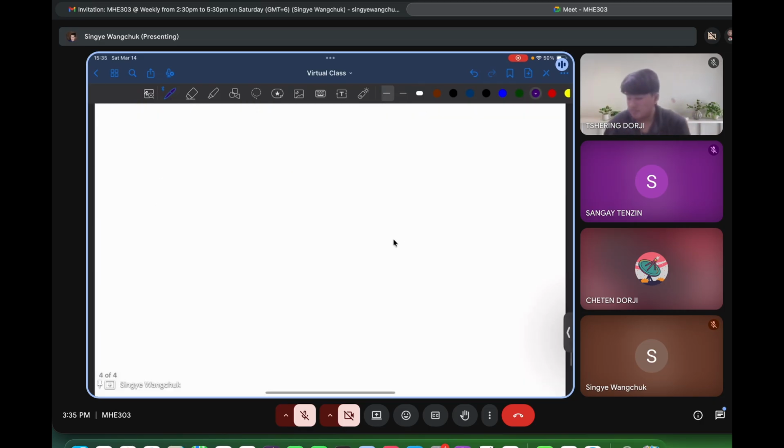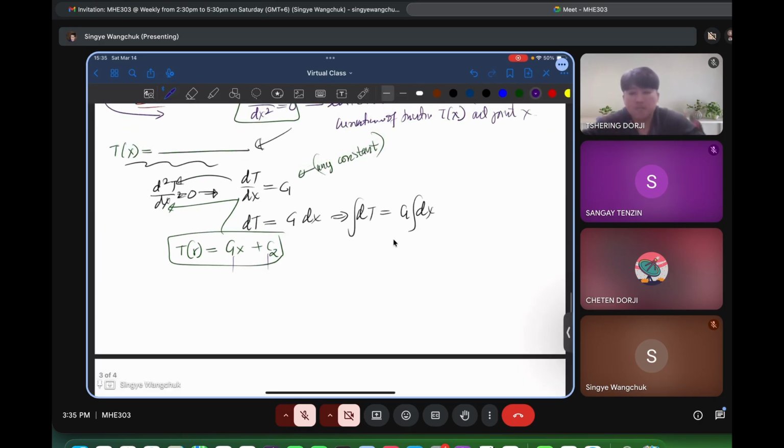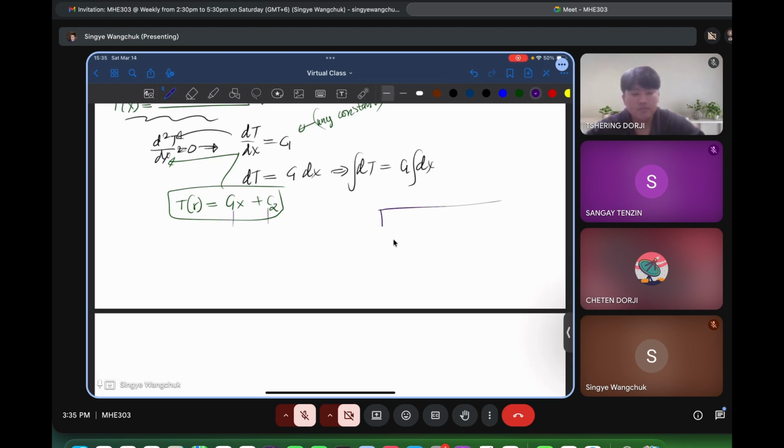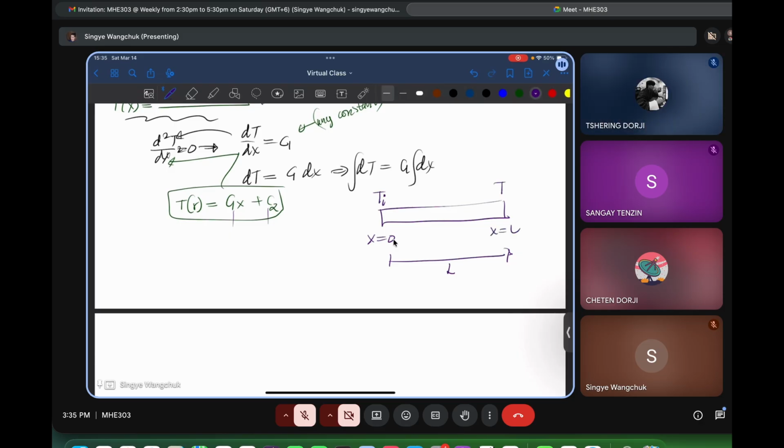So what I am saying is that I am treating a rod. At x equal to 0, my temperature is Ti, which is T initial. Then the length I am taking as L, and at x equal to L, my temperature is Tf, T final.